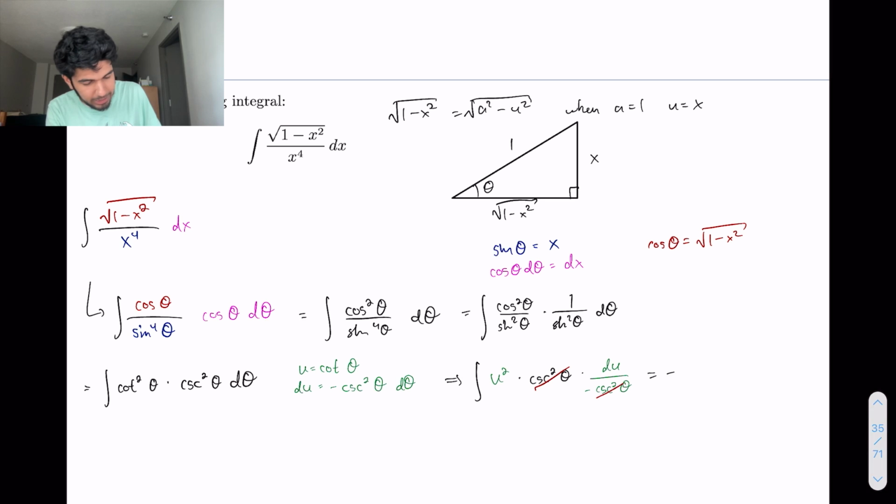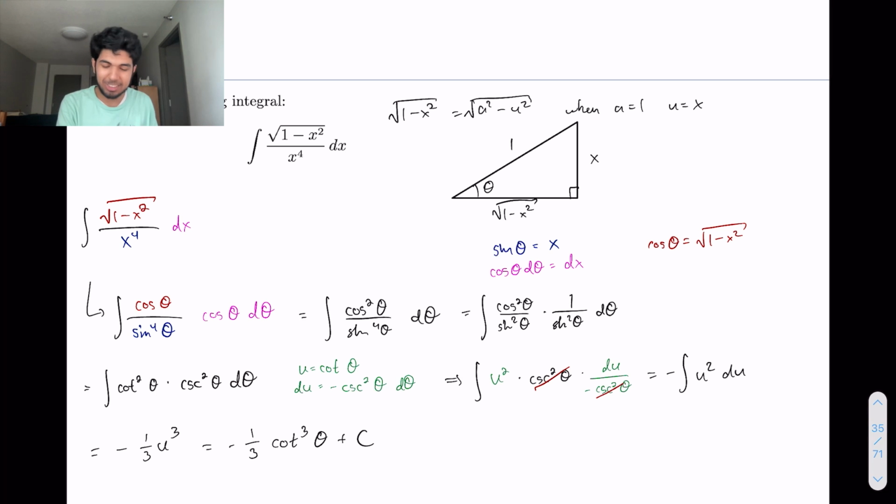We're left with negative integral u squared du, which is equal to negative 1/3 u cubed. We have to substitute in for u, so this is negative 1/3 cotangent cubed of theta plus c. But lastly, we have to switch back to the world of x's because it's an indefinite integral, and we were given it in terms of x.